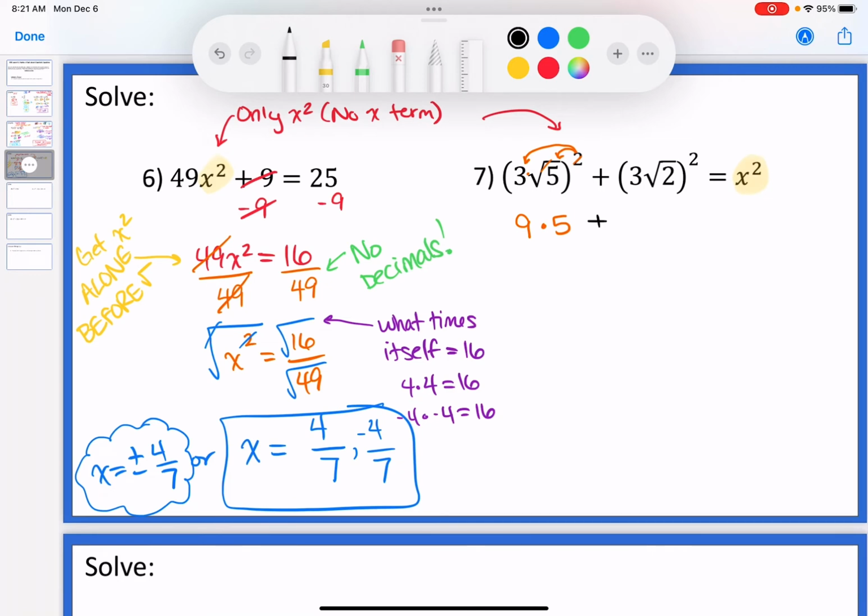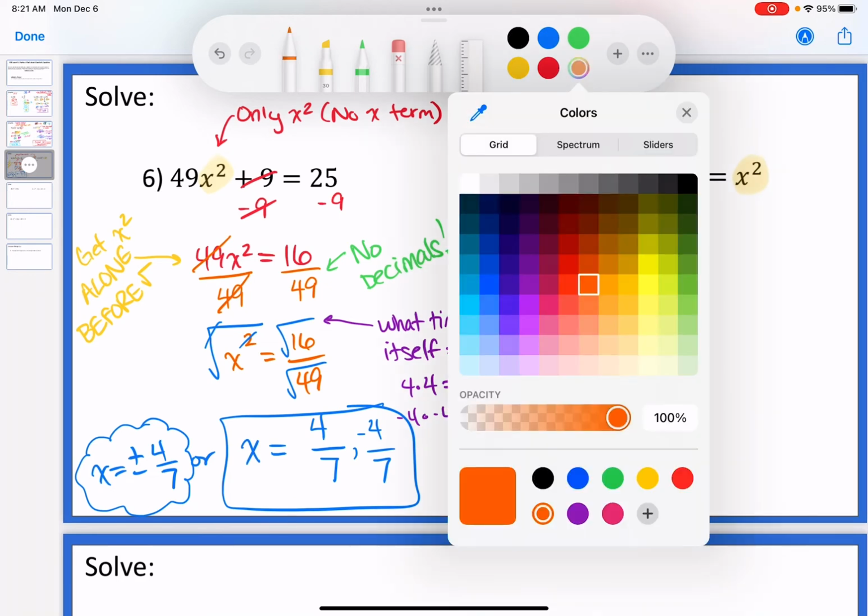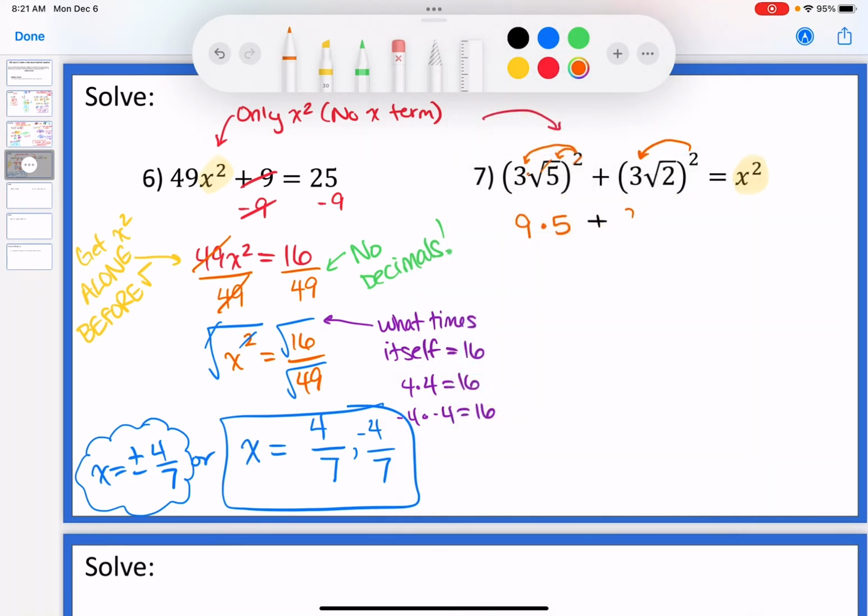All right, same thing over here for the next one. I'm going to square the 3. I get 9. I'm going to square the square root of 2, which just gives me 2. So I'll have 9 times 2 there for that one. All right, 9 times 5 is 45, plus 18 equals x squared. I can still combine these guys, right?